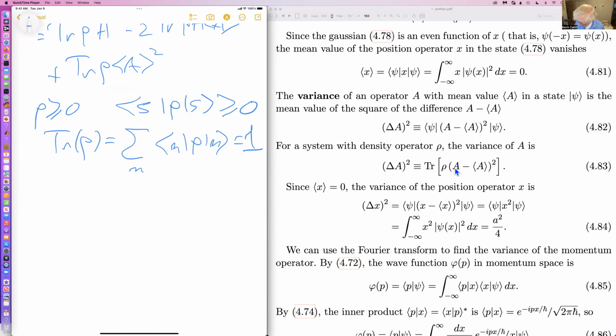And the other thing is that rho is a Hermitian operator.